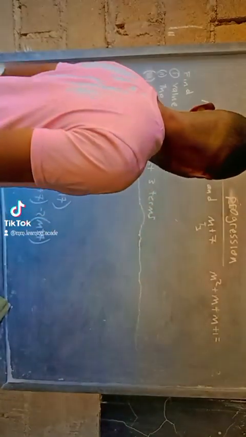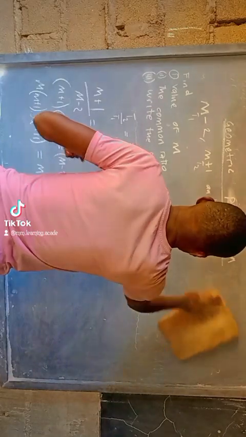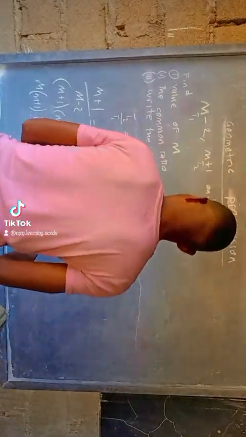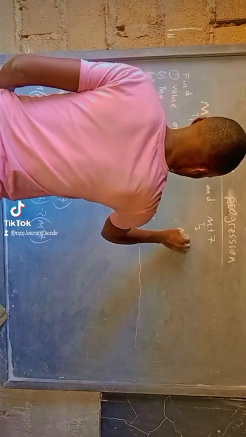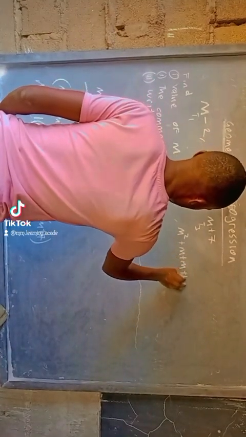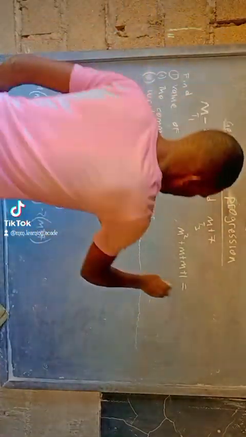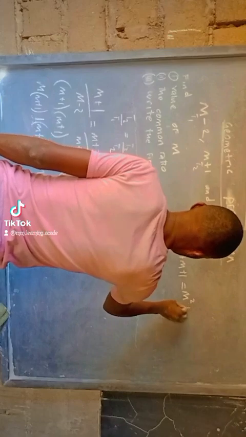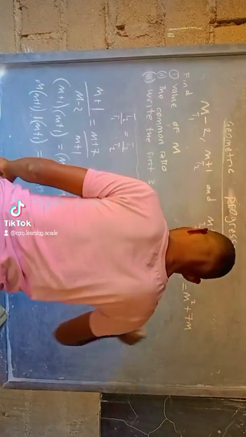So we have m squared plus m plus m plus 1. On this side, m times m is m squared, plus m times 7, which is 7m.